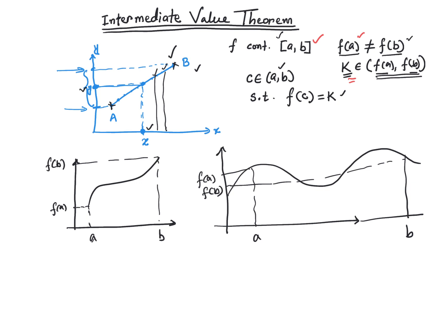So for each point in the range, in the interval between f of a and f of b, there should be a corresponding x value. So it gives you the guarantee of the existence of such a value c, such that f of c is equal to k. And it has some great applications, the intermediate value theorem, and we are going to talk about it in another video.